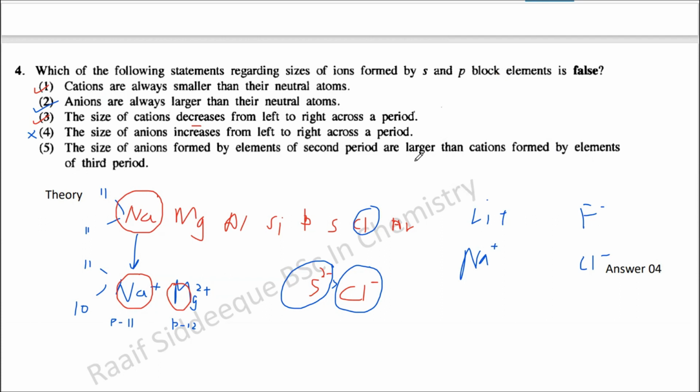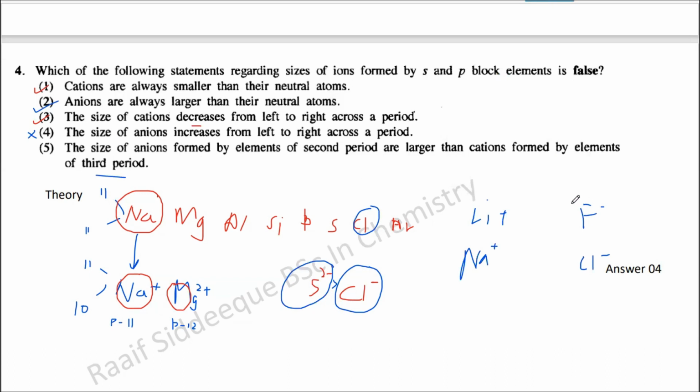Second period means what? And they're talking about the third period to compare with the cations of the third period. When a cation is formed from the third period, it automatically falls to the second period, because electrons are removed, the entire shell is removed. And anions forming still remain in the same third period.